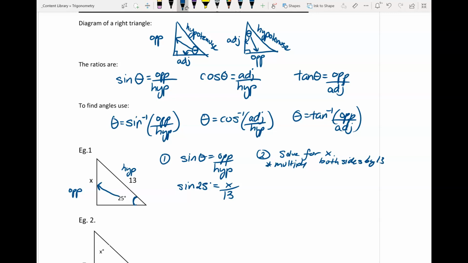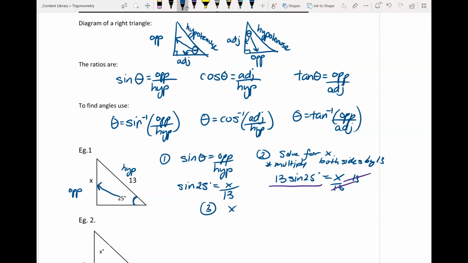Again, I'm going to multiply because that's the opposite operation of divide, and I want to get x by itself. So that means I have 13 times sine 25 degrees is equal to x over 13 times 13. 13 divided by 13 is just 1, so that's just gone. And this is what I need to put into the calculator.